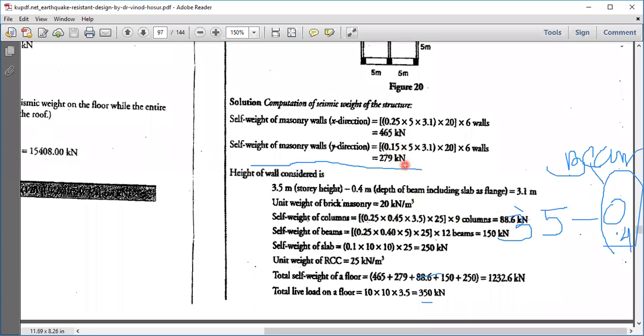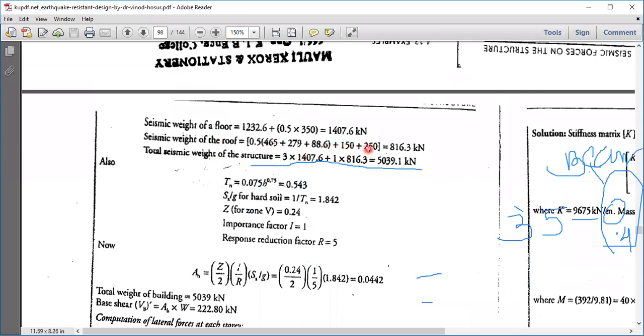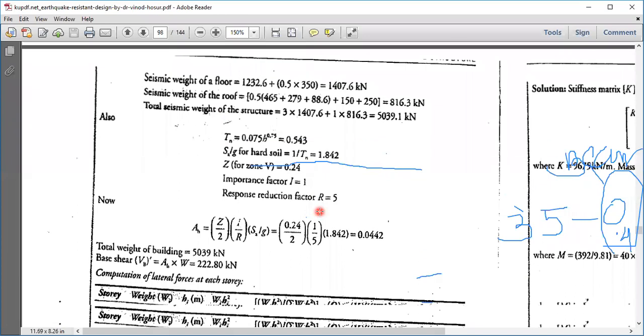So 465, 279 and 88 are coming for the roof. Basically, I will be considering only walls and columns at 50% and the rest all I will add as they are. So here it is: 50% of that plus the total of the beams and total of the slab. Multiply and get the final answer.